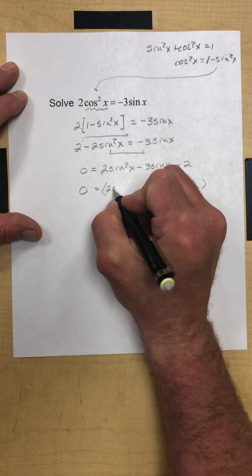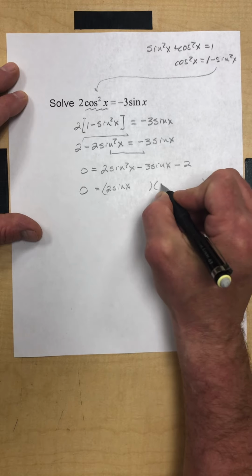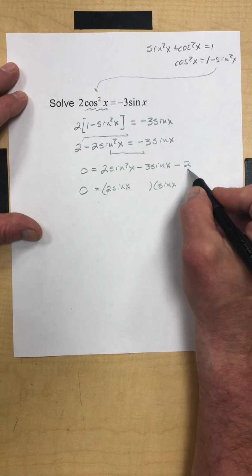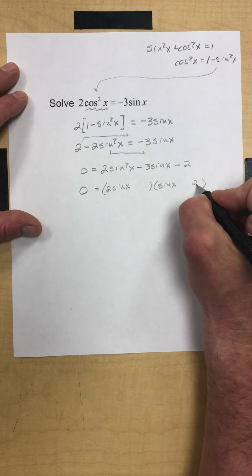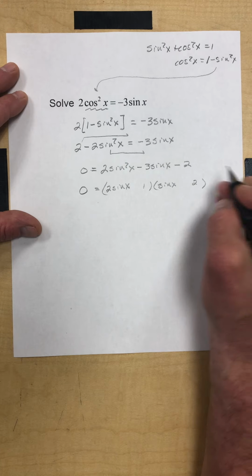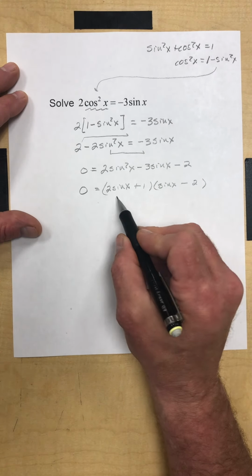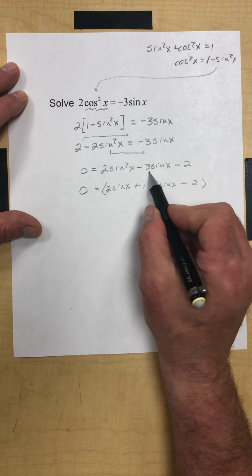I'd have a 2 sine of x and a sine of x. This guy I can only split up 2 and 1. So it looks to me like the 2 has to go here and the 1 has to go there, and this has to be negative and that has to be positive. The O's and the I's will give me this.